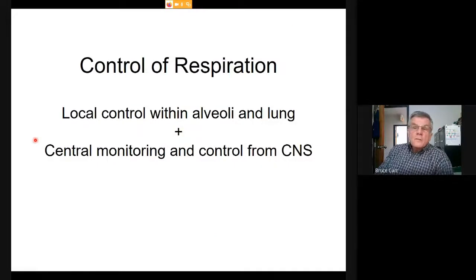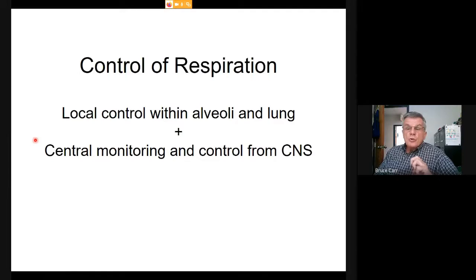Now, we've talked about the gas exchange elements, oxygen and CO2. And now we have to think about how can the body control respiration. Anytime you have a real range of metabolism, you have to think about control. I'm sitting here right now at rest, and chemoreceptors all over my body and baroreceptors are monitoring my blood, and one of those monitors is for oxygen.